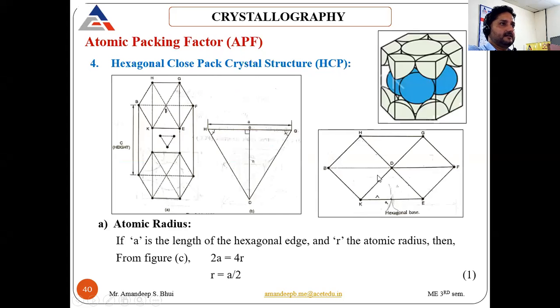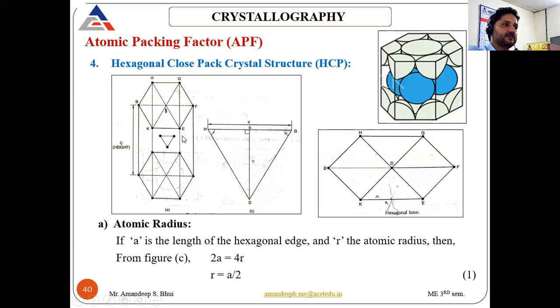Okay. Next, we will evaluate this atomic packing factor for the hexagonal close pack structure, or HCP structure. Now in the hexagonal close pack structure, we have 12 1 by 6 atoms on the 12 corners of this unit cell, plus we have 2 half atoms at the top face and the bottom face, plus we have 3 full atoms at the center.